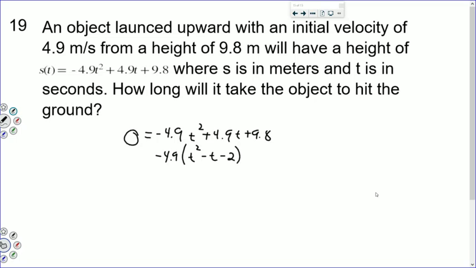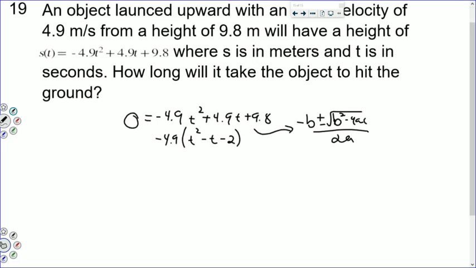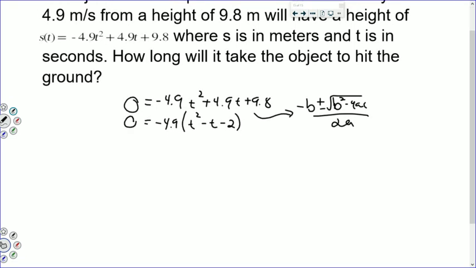If you didn't notice that, then you could use the quadratic formula, but that is going to take you a lot longer. So right now we have negative 4.9 times this parentheses equals 0. Something times something else equals 0. Negative 4.9 can't be it, so 0 has to be equal to t squared minus t minus 2.